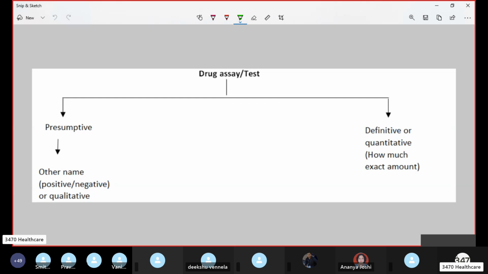So positive or negative, presence or absence, is the presumptive. Then how much level, exact volume, that is for definitive.